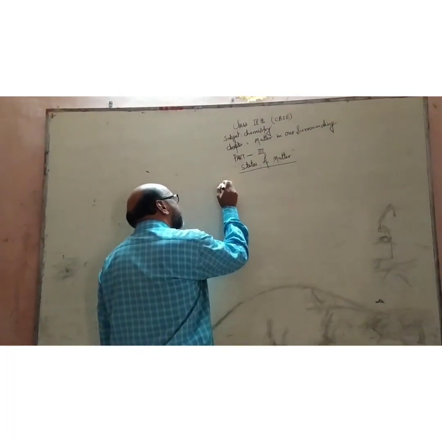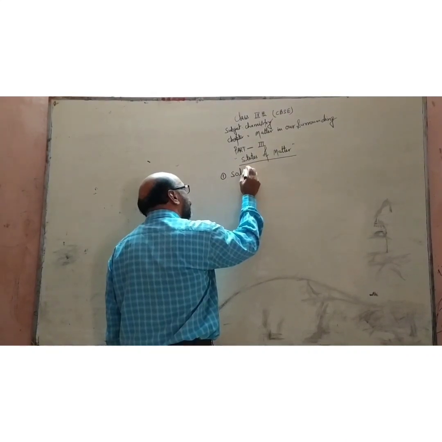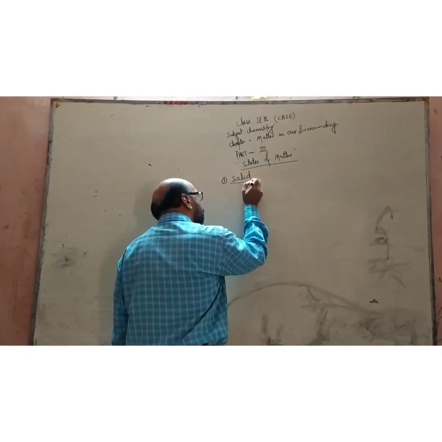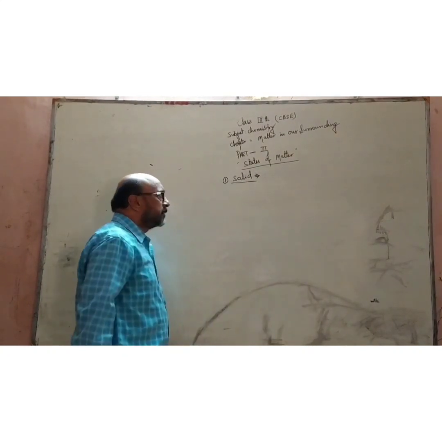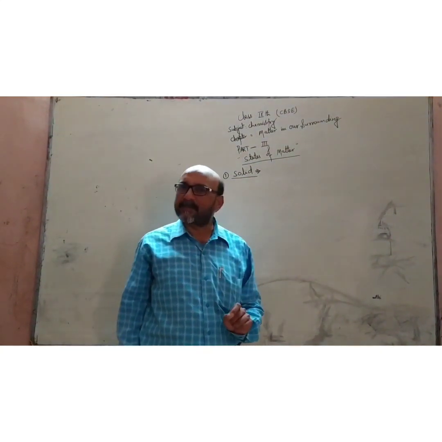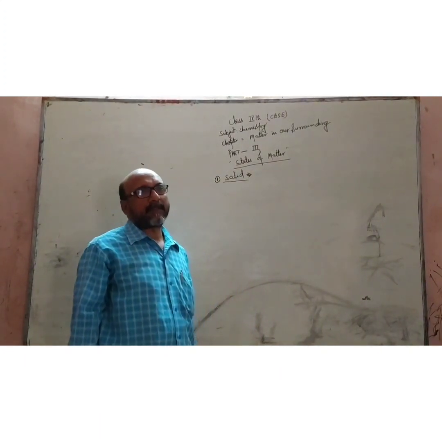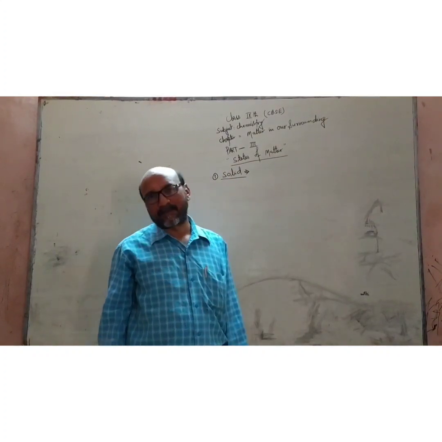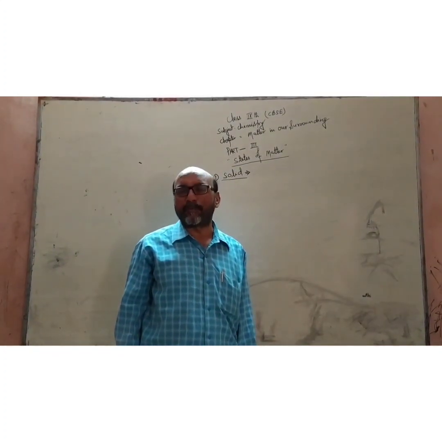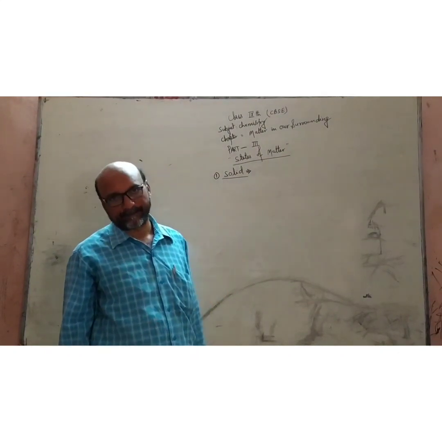The first state of matter is solid. First of all, I will describe these three states of matter in short, and then after we shall discuss these states of matter in some detail.